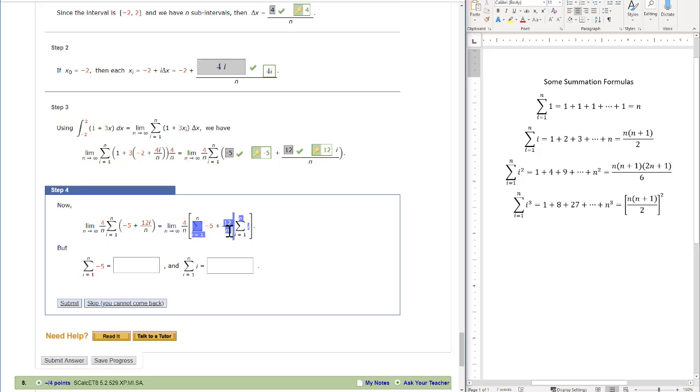Now, just like we took out a 4 over n earlier, the 12i over n has a factor of 12 over n, which are not dependent on the index. So that can be taken out also. And technically, -5 can be taken out of this summation sign as well, and then we would just have the sum of 1.